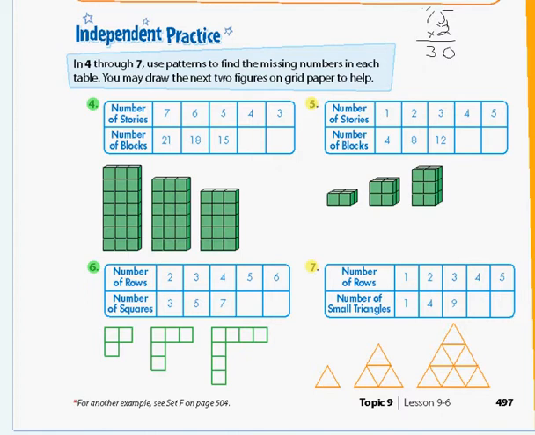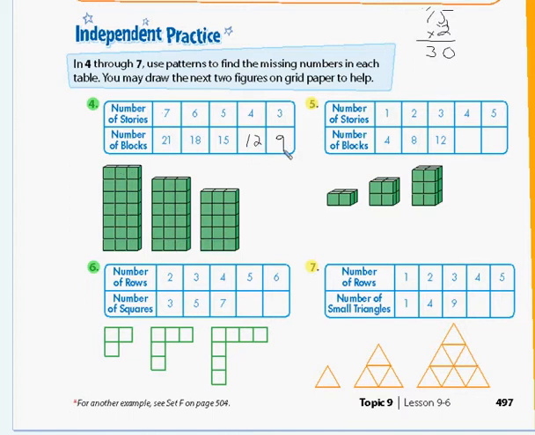So I'm looking at the pattern here. I've got 7 stories, I have 21. 6, I have 18 blocks. 5, I have 15 blocks. And to me that looks like it's multiplying by 3, because I can see there's 3 blocks in each tower. So 4 times 3 is 12, and 3 times 3 is 9.